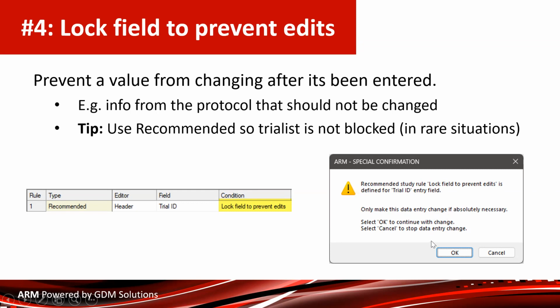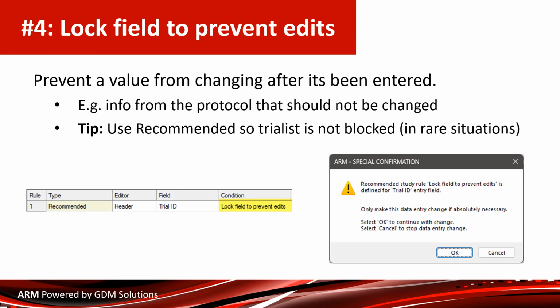And the advantage here is if there's some weird, rare situation that comes up where the trialist has to adjust something. Obviously, trial ID is not a good example. I think that one's a slam dunk that could probably always be locked. But some other information in maybe the treatment editor, you thought you could lock down the product list, but then something happened, and in this certain region, we really needed to swap out for another product.